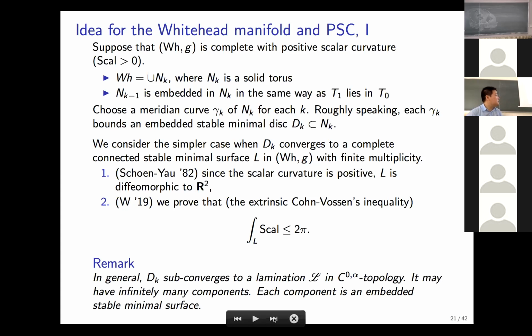Each component is an embedded stable minimal surface. Because the scalar curvature is positive, we know each stable minimal surface is a plane. That means each stable minimal surface is diffeomorphic to R^2.